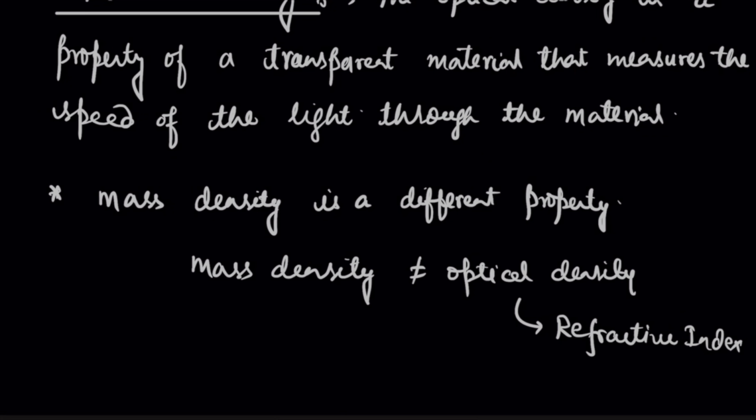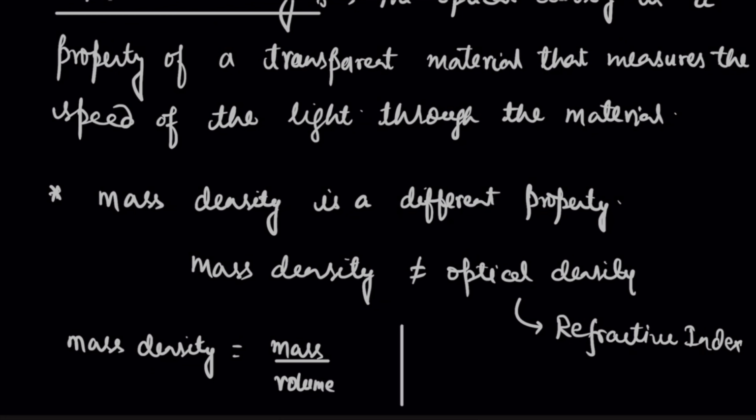We know that mass density is equal to mass by volume. Here, optical density is directly proportional to the refractive index. It means that we can measure optical density with the value of the refractive index.